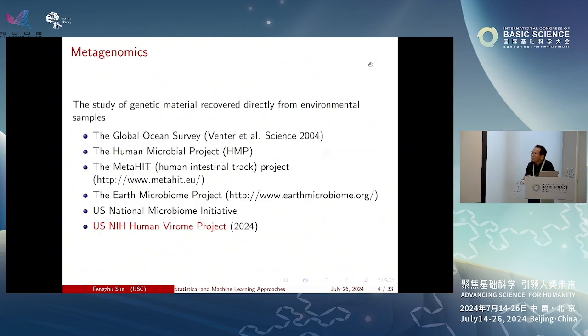So what is metagenomics? Metagenomics is the study of genetic materials derived from the environment, such as from the human body, from the human gut, or from your nose, from mouth, etc. And the human microbiome has been shown to be associated with several complex diseases such as inflammatory bowel disease, colorectal cancer, because those are all related to the human gut, and a lot of microbes there, and that's understandable.